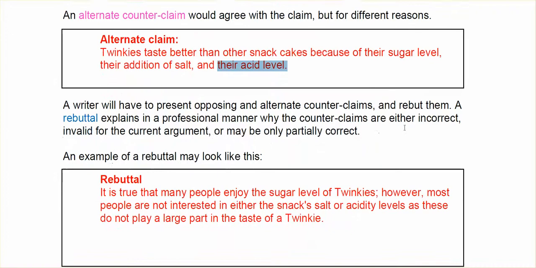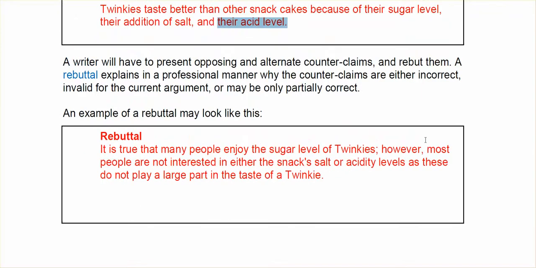Okay. And finally, we have something in an argument called a rebuttal. So that's where I have to address my opposing or alternate points of view, where I have to explain why those points of view may not be correct, or why there's something different we should do with those opposing points of view.